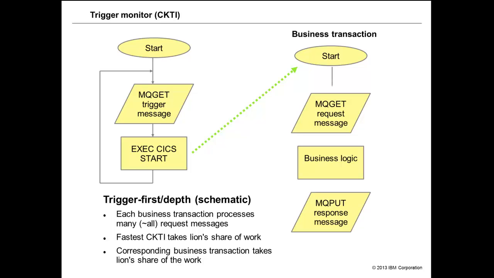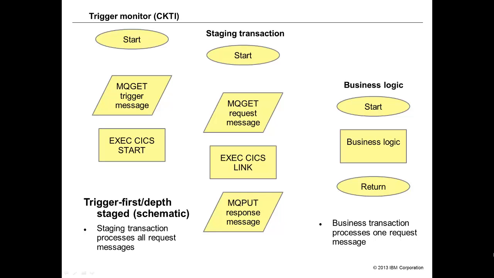The business transaction does an MQ get for the request message, processes the business logic, puts the response message, and then goes back to see if there are additional messages on the queue that need to be processed. This is a more typical workload than trigger every, and the reason is that with this model, you don't initiate a new transaction for each message that comes in. So it's somewhat cheaper in terms of CPU.